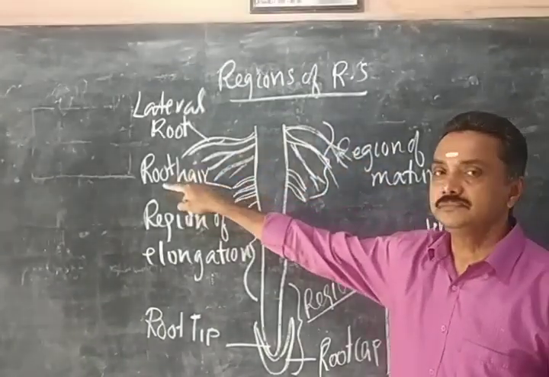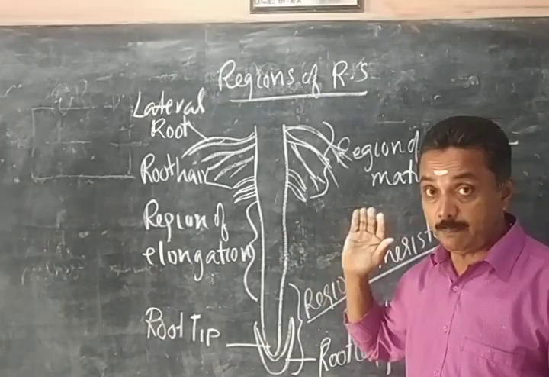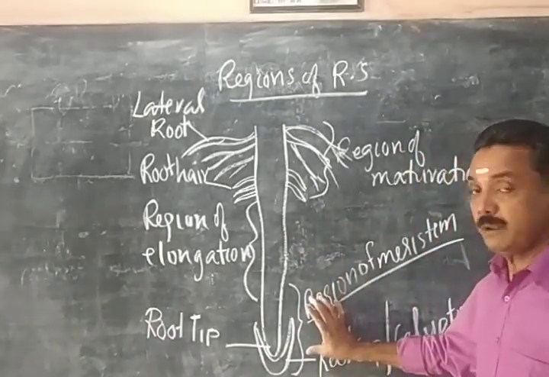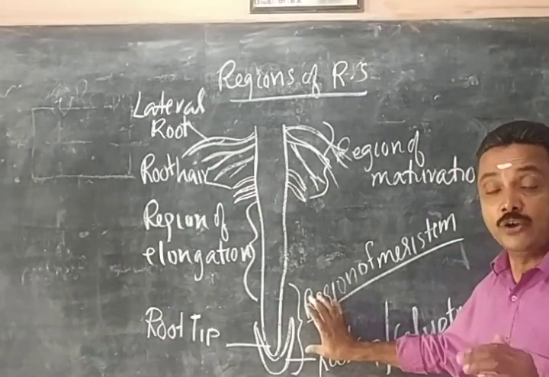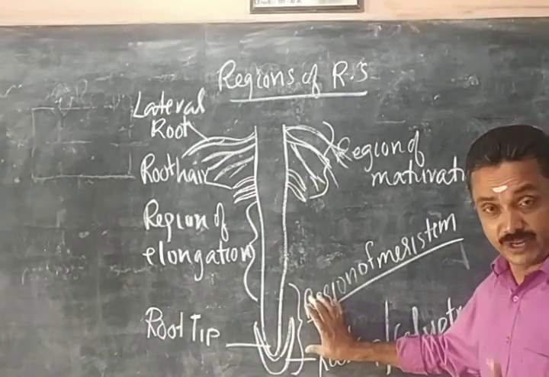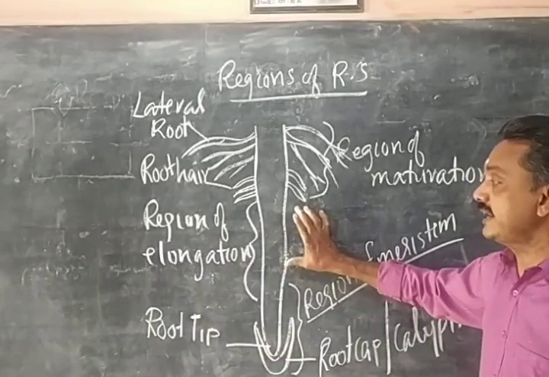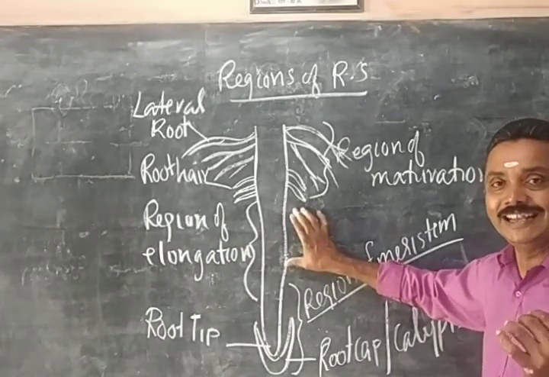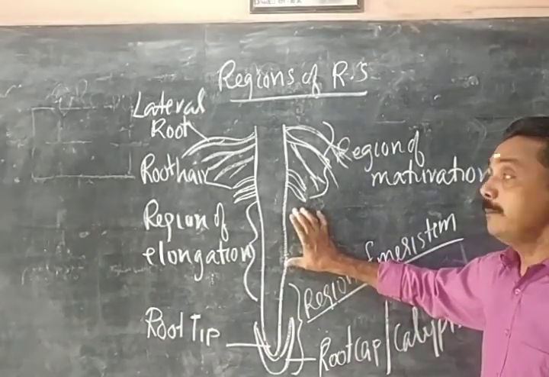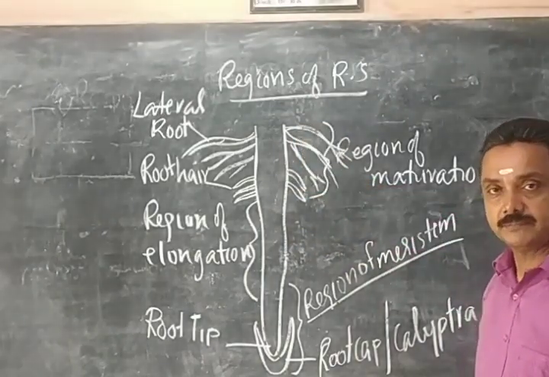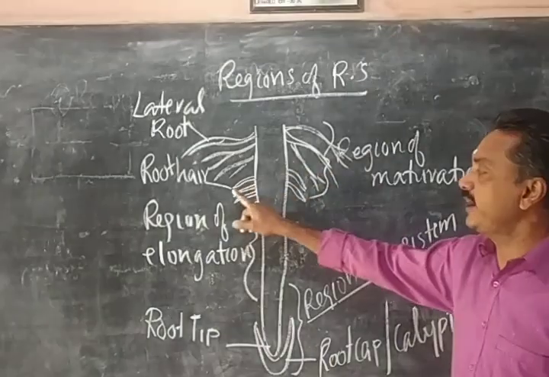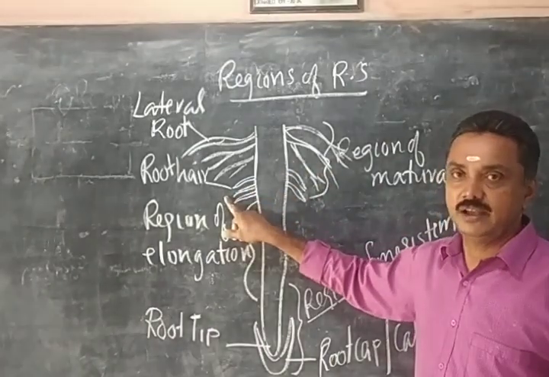So there are three portions in a typical root system.